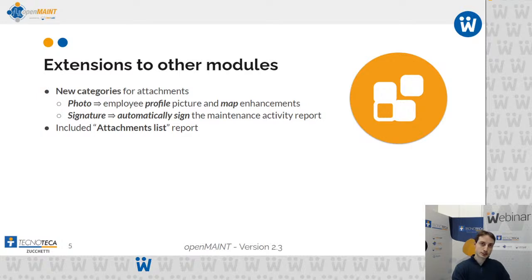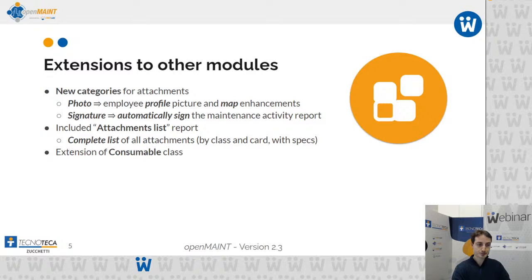Moreover, according to those attachments, we have thought that it will be helpful to have a report that recaps all the attachments in the system, and so we provide a new report that provides a complete list of the attachments by class, card, and with the corresponding specs. So you have a list of everything that is loaded as an attached file in the system.